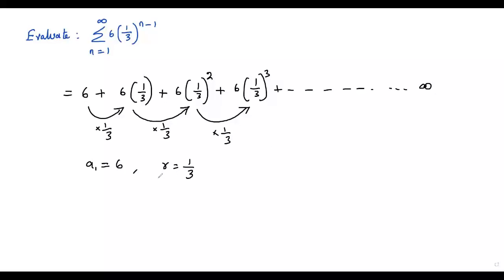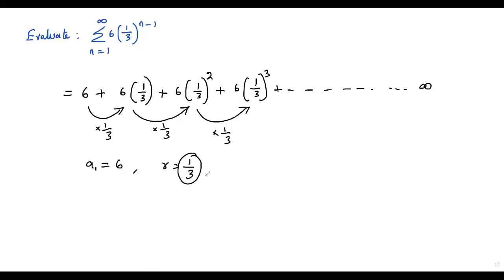Whenever I want to evaluate an infinite geometric series, it can be evaluated only if it is convergent. If it is divergent, we cannot evaluate it; if it is convergent, we can find its value. How can I know whether it is convergent or divergent? Look at the value of r.